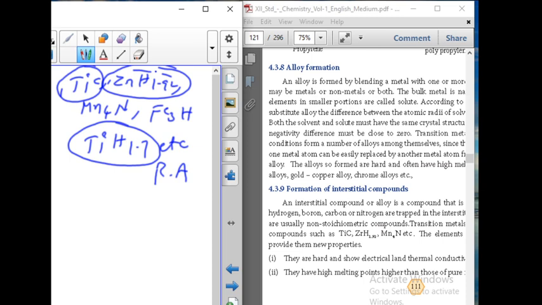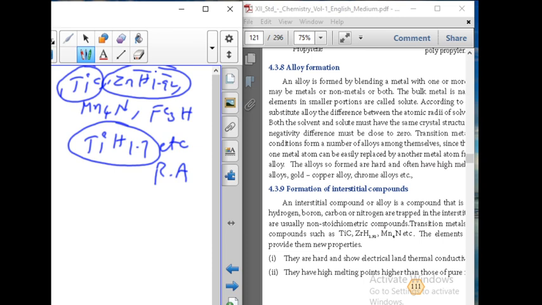So by the formation of interstitial compounds, there are a lot of uses for us, like increasing the melting points, increasing their strength, thermal conductivity, like this. So these are some important uses of interstitial compound formation.